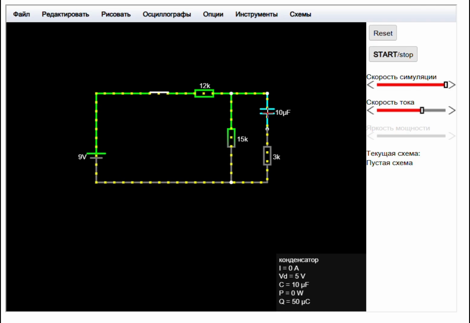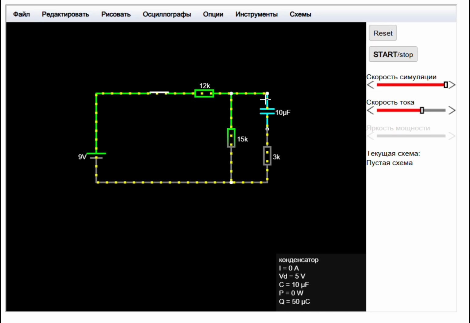When resistors are connected in parallel, the two voltages in the circuit are equal to 5 volts.